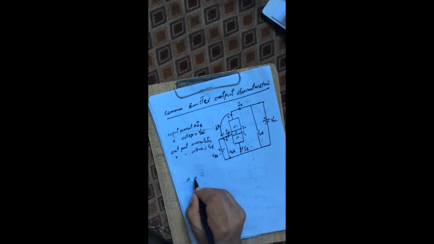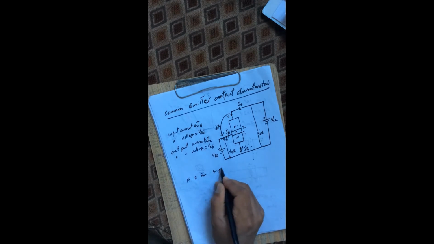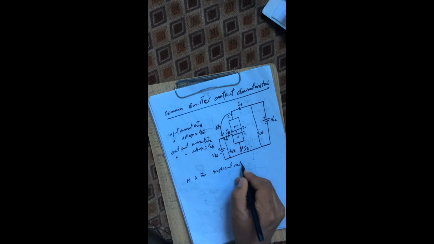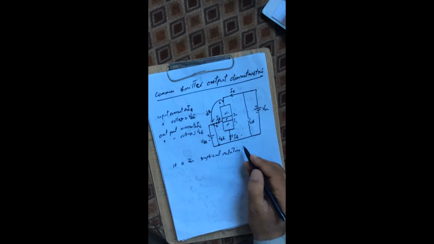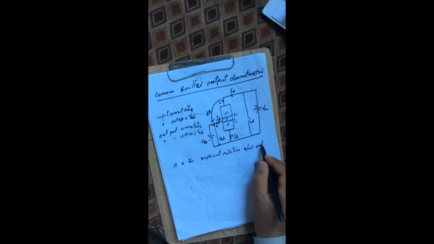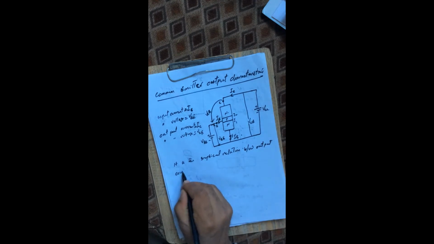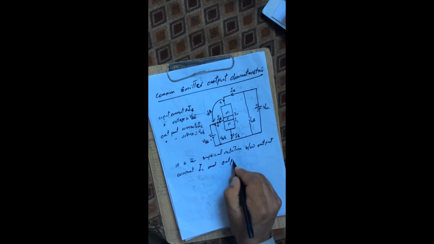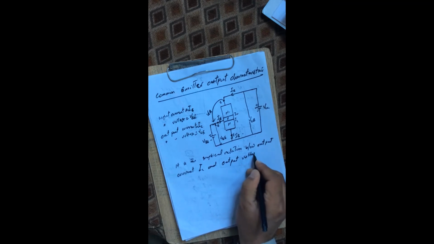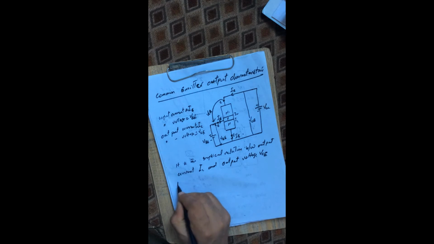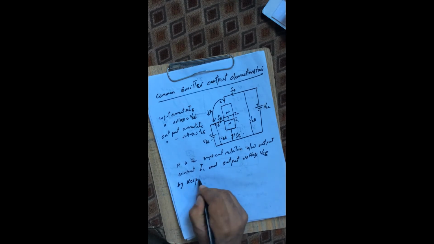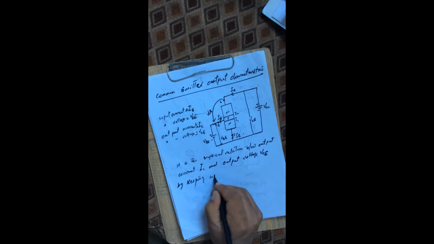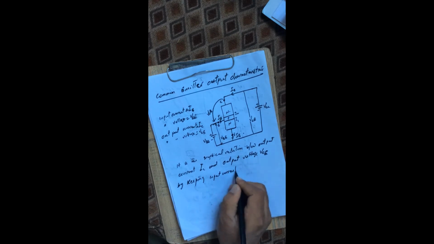Now the common emitter output characteristic can be defined as the graphical relation between output current IC and output voltage VCE by keeping the input current IB constant.